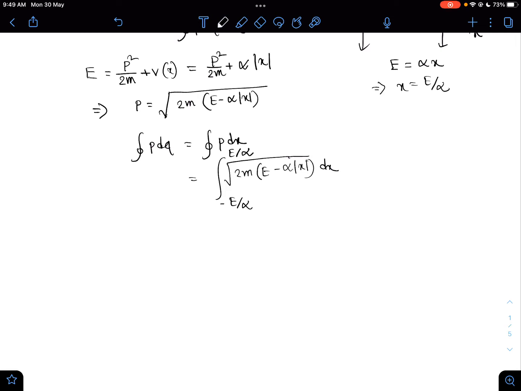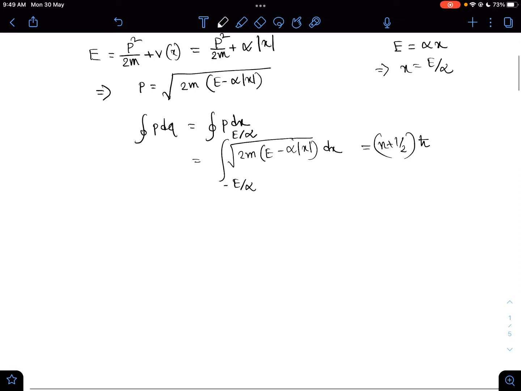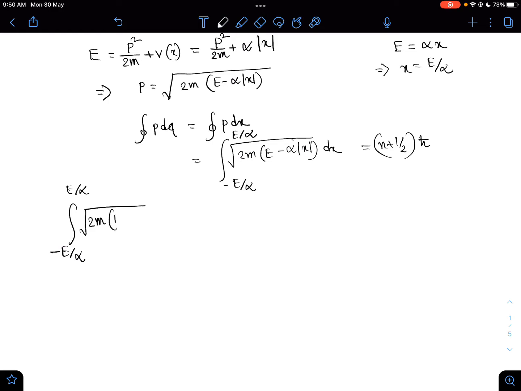And according to WKB approximation, this term will be equal to n plus half h cut. So from this integration, we have to find the value of E. So let us proceed. We have minus E by alpha to E by alpha, and here we have root under 2m E minus alpha mod x dx.